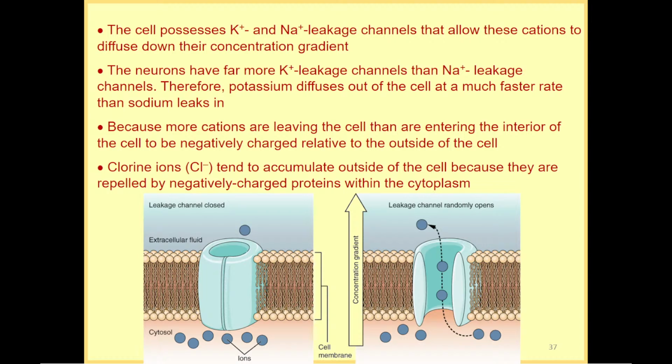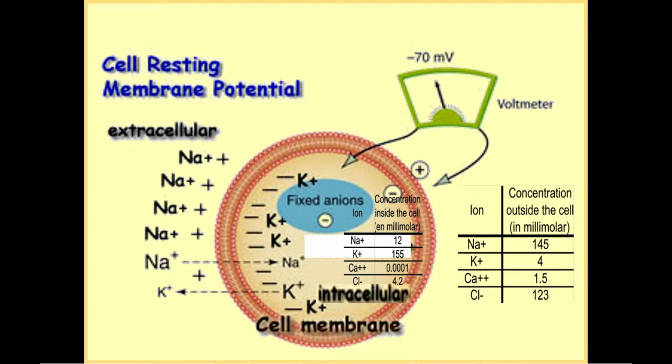Chlorine ions tend to accumulate outside of the cell because they are repelled by negatively charged proteins within the cytoplasm. This property of the cell membrane to separate charges is measured by the voltage.